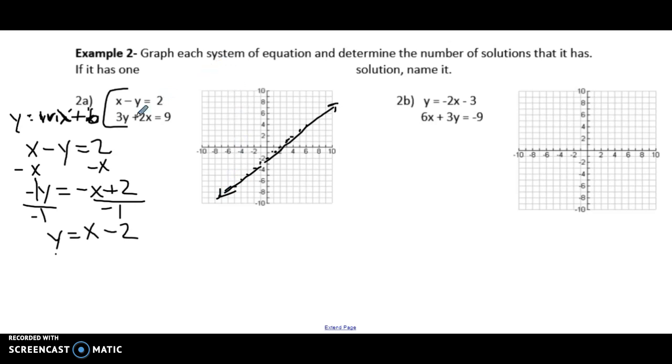All right, so now I'm going to solve 3y plus 2x equals 9, and I want to graph that. So 3y plus 2x equals 9. I'm going to subtract 2x from each side.